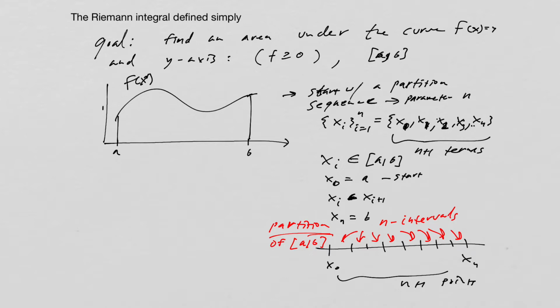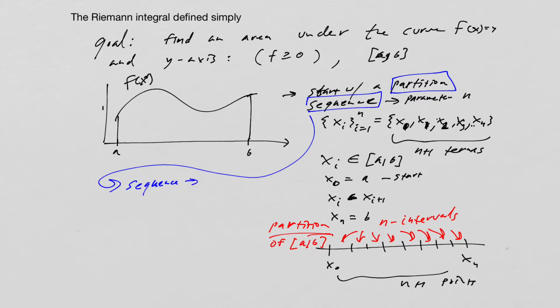All right, and again, I said that we were talking about this thing called a partition sequence. And the idea here, when we're talking about a sequence, is that we're going to allow n to increase.